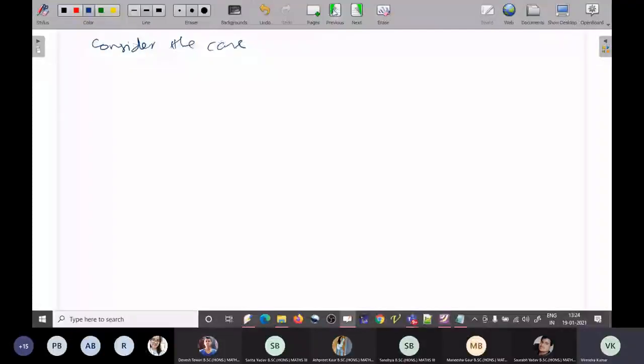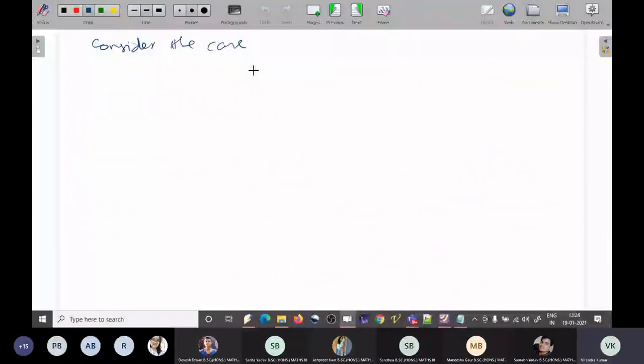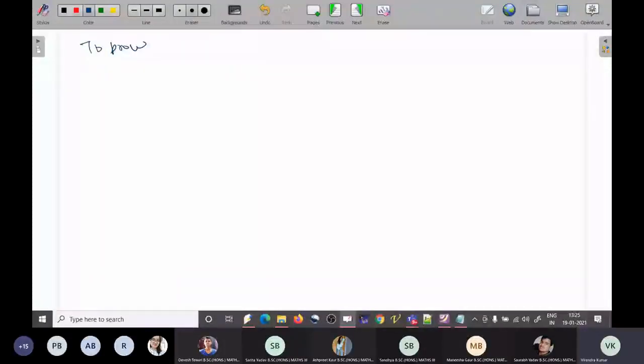So to prove n divides m, we need to establish r equals 0. So for this, let us consider the case first. Consider the case when r is greater than 0 and less than n.